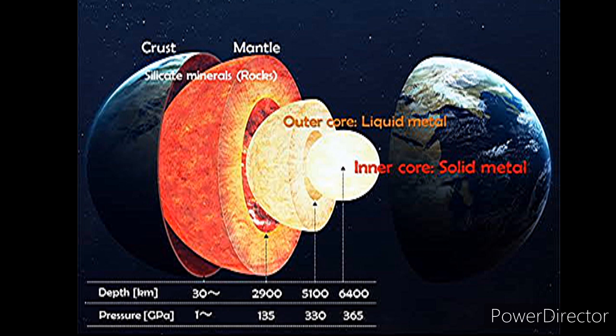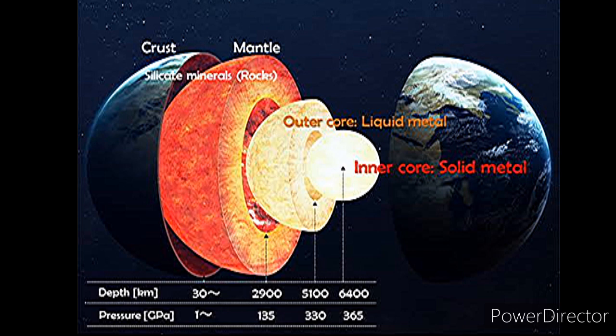We can divide the core into the upper and lower core. They are divided by a discontinuity known as the Lehmann discontinuity. The core is composed of NiFe, in which Ni stands for nickel and Fe stands for iron or ferrous.